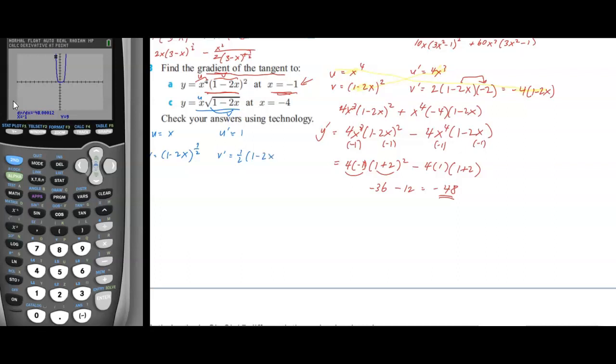1 minus 2x to the negative 1/2, chain rule, negative 2. Let's rewrite v dash as negative 1 because negative 2 times 1/2 is negative 1, times 1 minus 2x to the negative 1/2.